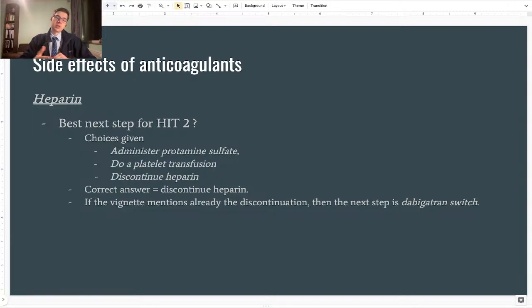So after he was discontinued from heparin, we can consider the dabigatran switch. Doing a platelet transfusion will only lead to further destruction of platelets, and administering protamine sulfate is not appropriate in this context.